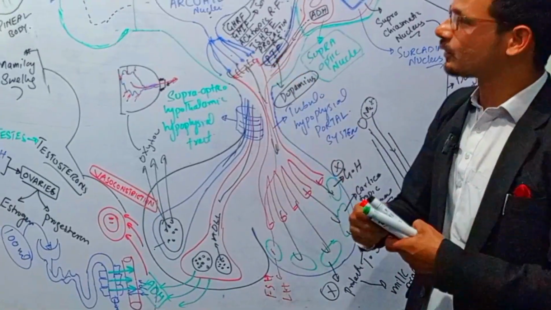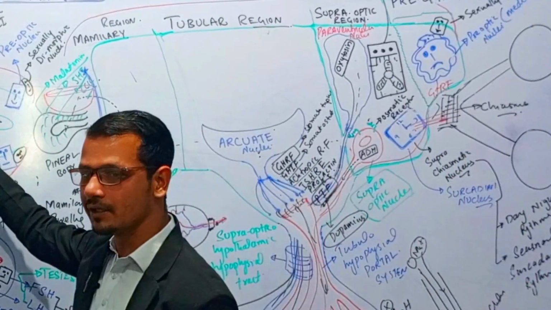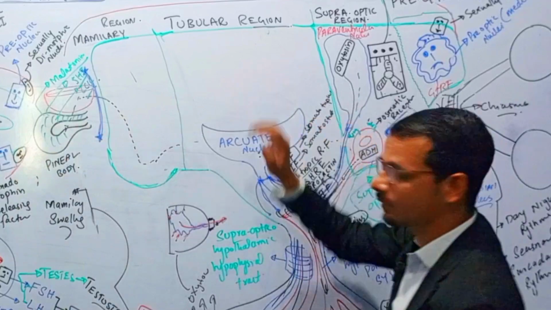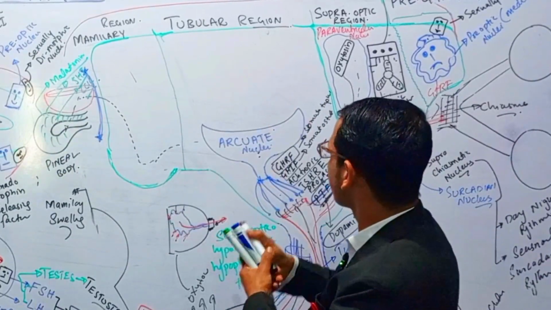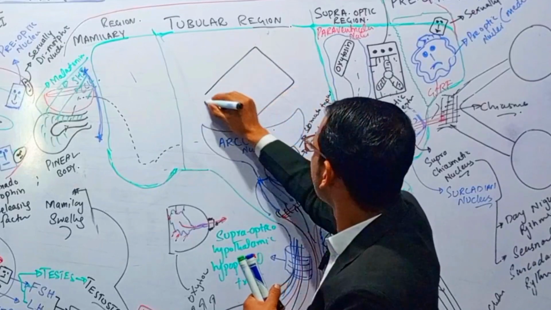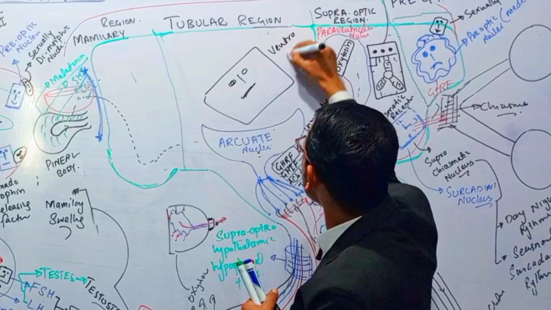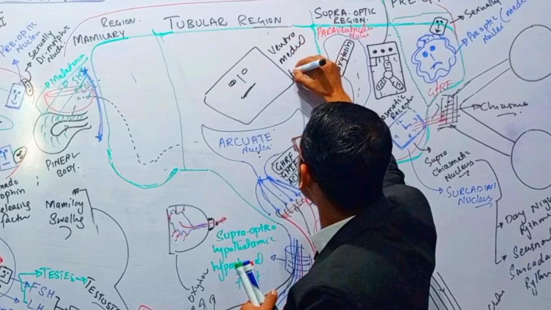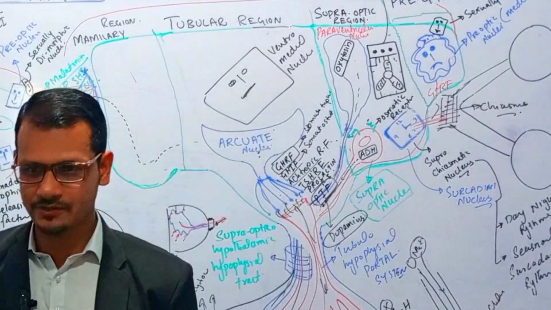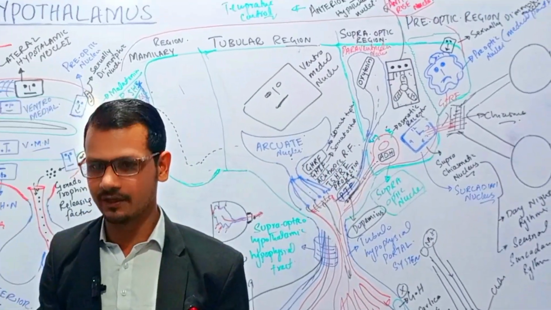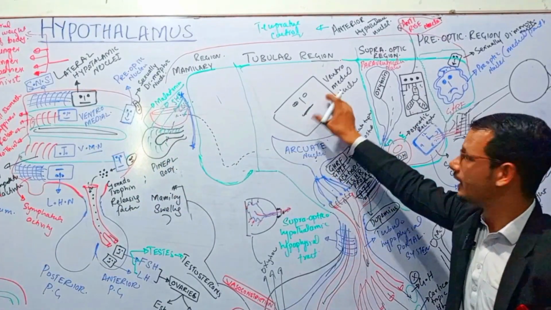The next nuclei, which you are already aware of, is the ventromedial nuclei, present in the tubular region, which is responsible for happiness, full stomach, relaxation. This is the nuclei present on the medial side.